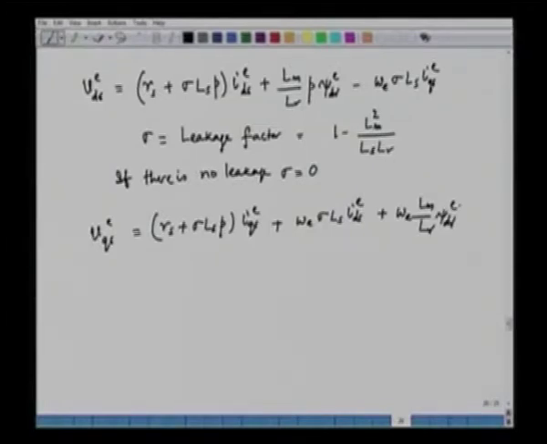So this is the equation for the voltage in the Q axis. So we have the equation for the D axis and equation for the Q axis voltage. So it means if we know IDS and IQS, we can evaluate what is VDS and VQS, and which you can show in the form of block diagram.